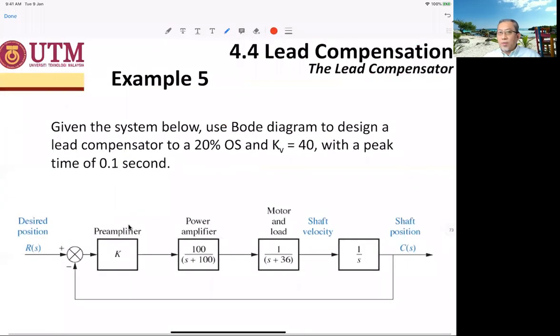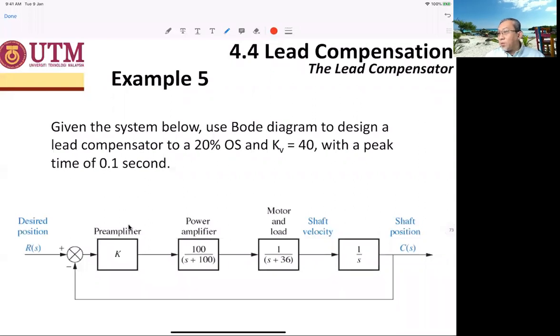We go to example 5. So example 5 is similar to example 1 and example 3, okay. In the gain adjustment we also use the same example. Lag compensator also uses the same example, okay.